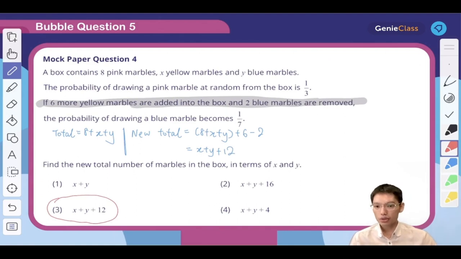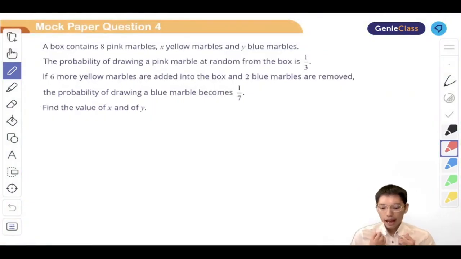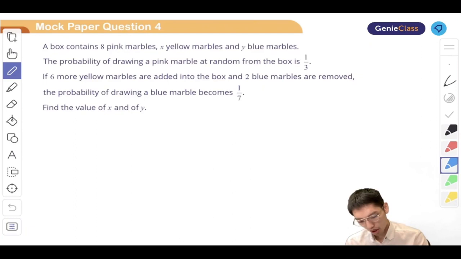Now let's bring it on to the actual question over here. A bit of a mouthful, so let's see. It's the same question again, but overall what we need is this. We want to find the value of x and y. So you realize that's where all my equations come in.